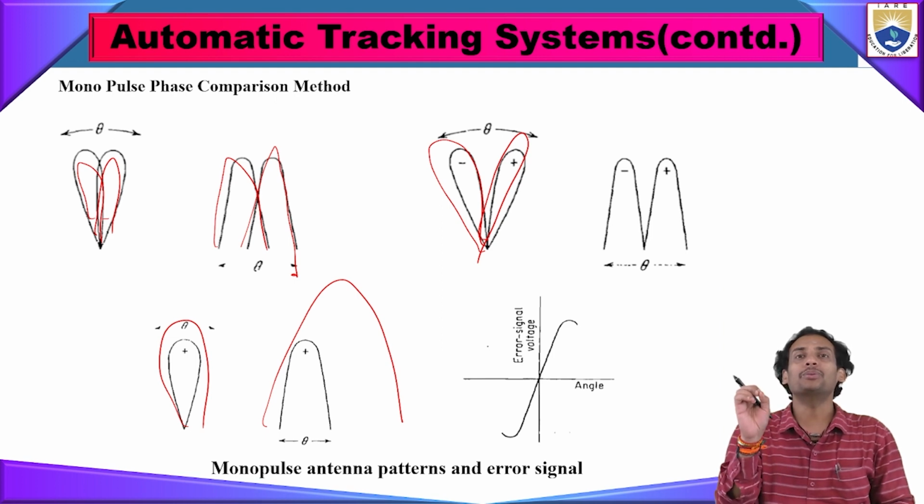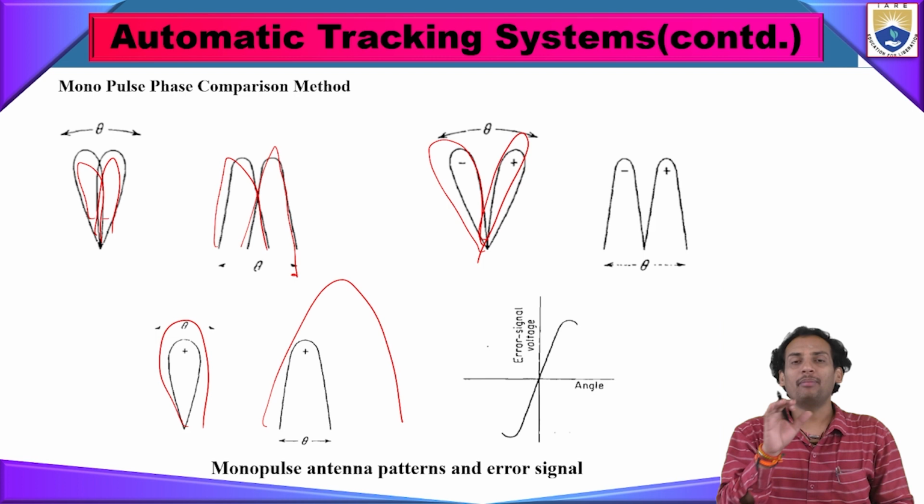Those things will be taken care of using monopulse and amplitude comparison, or conical scan, COSRO or LORO type radars, or monopulse radars. So these are all radar systems just for making clear vision for the launcher.